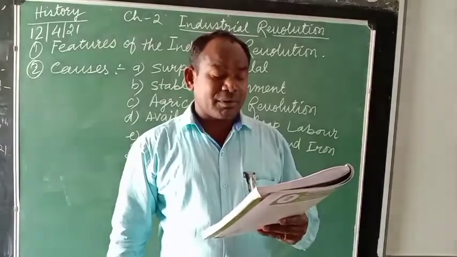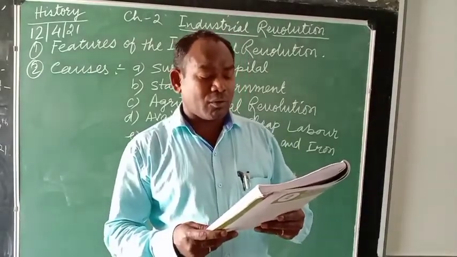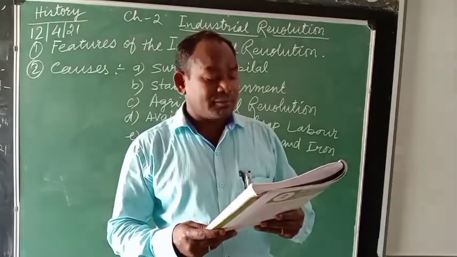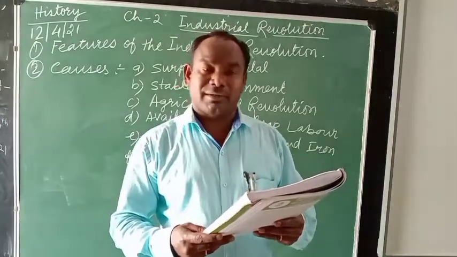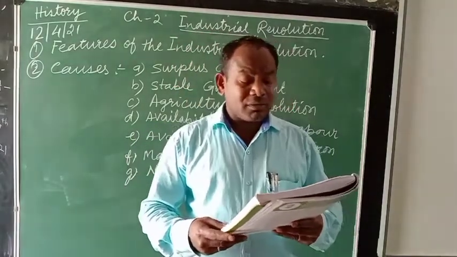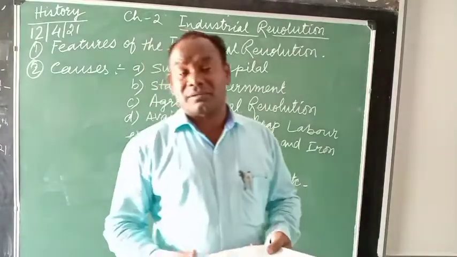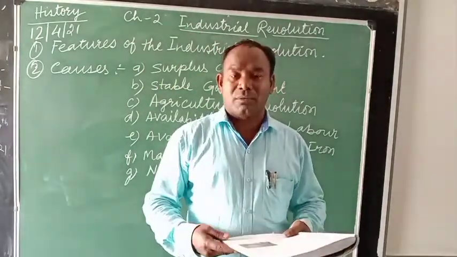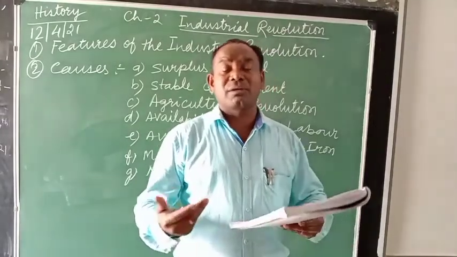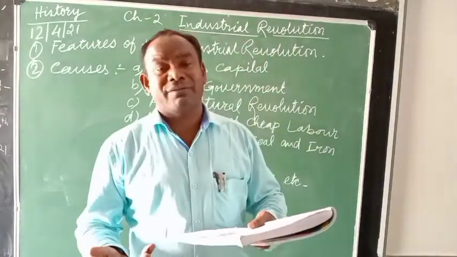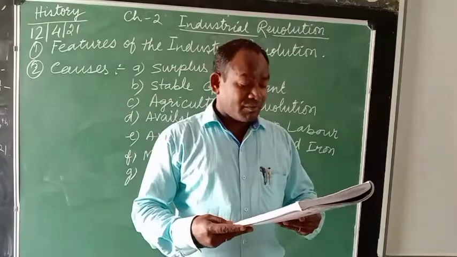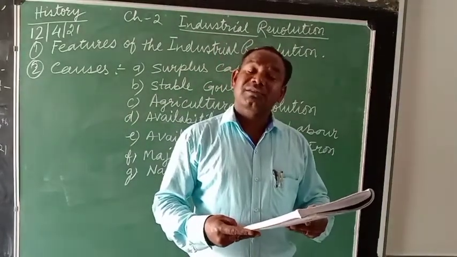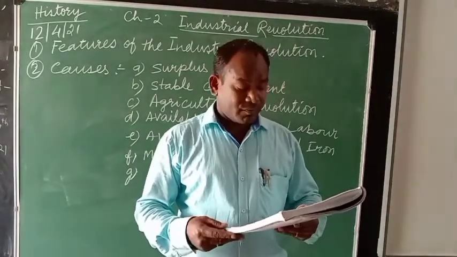This surplus capital was used in development of new industries and in setting up of new factories. Means through overseas trade they had a huge amount of money, and they spent it to establish factories because they had high surplus capital.